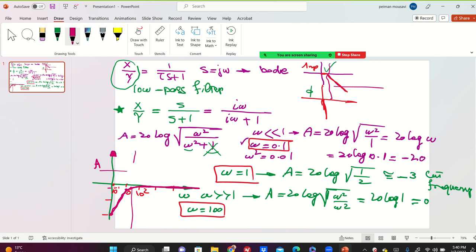So for the higher frequency, your output amplitude-wise is equal to the input. So that's why log of that is 0, log of 1. So this is a high pass filter, because it's passing the high frequency and filtering out the low frequency. See what I'm saying? Yes? So can I go to the next page?